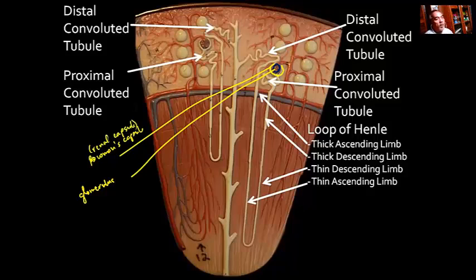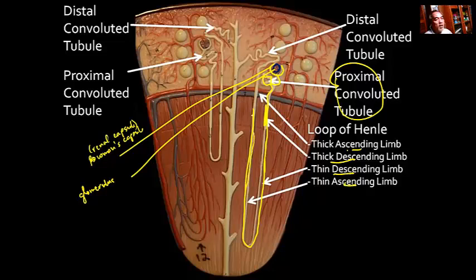Okay, and then from there it becomes a tubule that is convoluted. That is the proximal convoluted tubule. Then it becomes the loop of Henle. The loop of Henle is actually divided into a thick and thin descending, and then a thin and thick ascending.